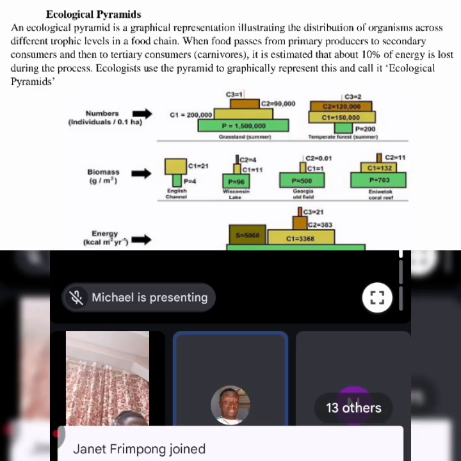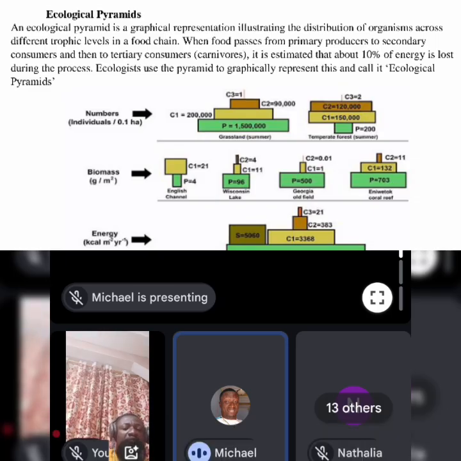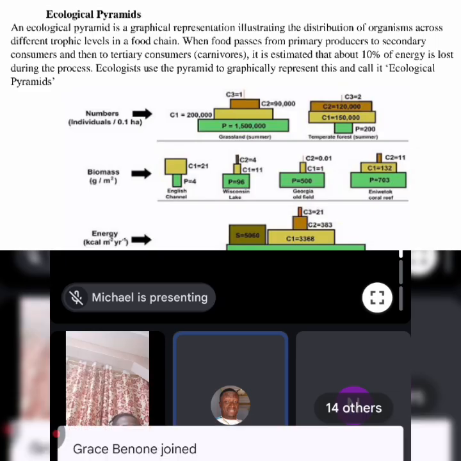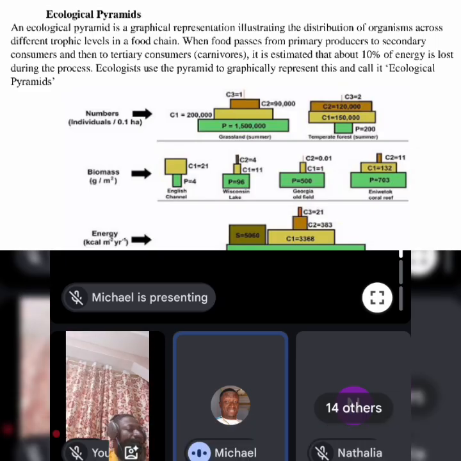So ecological factors are represented in horizontal stacks, where each stack represents either the number of organisms, the energy flow, or the biomass. That is a better understanding we can create of the pyramid.